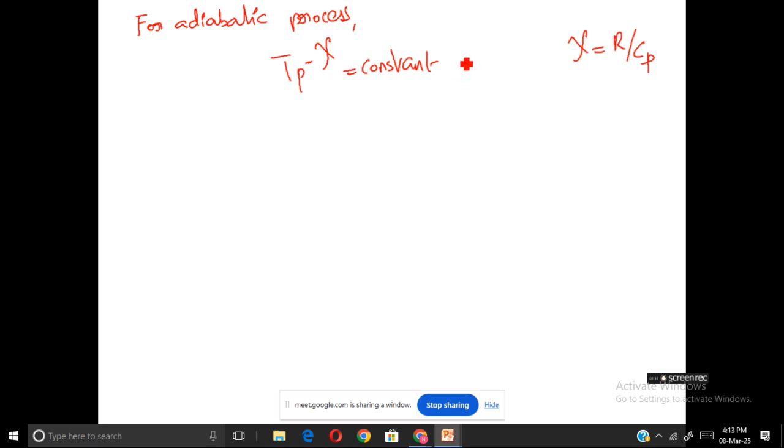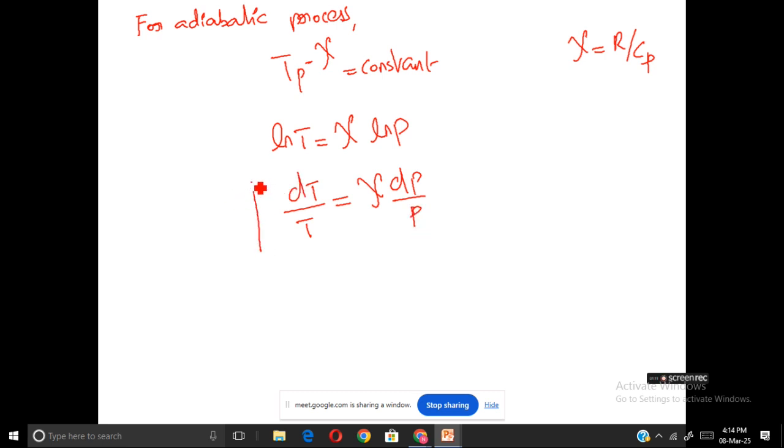This basically comes from the first law of thermodynamics. Now if we take log on both sides, it becomes log T is equal to chi into log p. And now if we differentiate, we can write dT by T is equal to chi into dp by p. So this is in the adiabatic case.